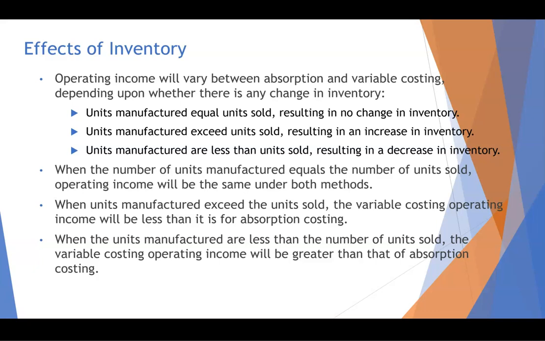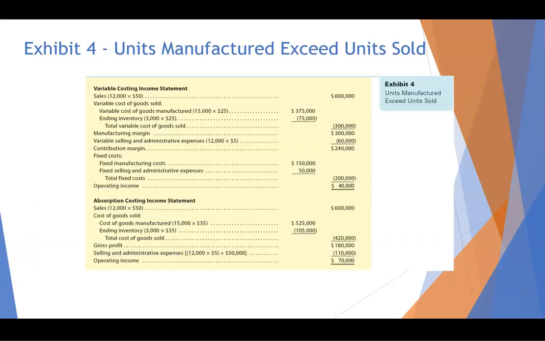And the opposite is true. When the units manufactured are less than the number of units sold, the variable costing operating income is going to be greater than that for absorption costing. When units manufactured exceed the units sold, the variable costing income is going to be less.